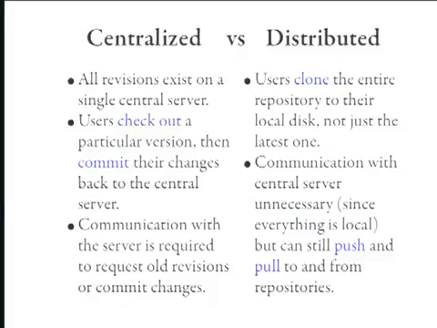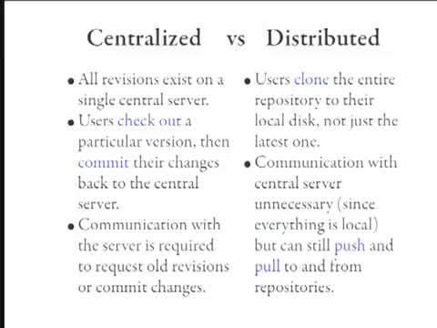So with the centralized ones, we have all of the revisions existing on a single server. So we have this nice computer somewhere that contains all the different revisions that have ever been made to this code. And then any user that wants to access this code will have to check out a particular version, make changes to it, and then commit the changes back to the central server.